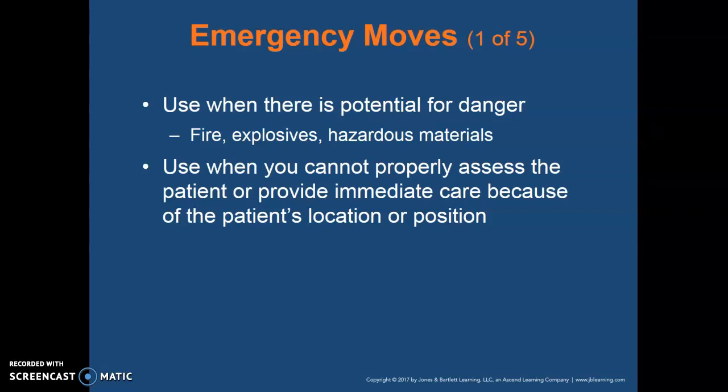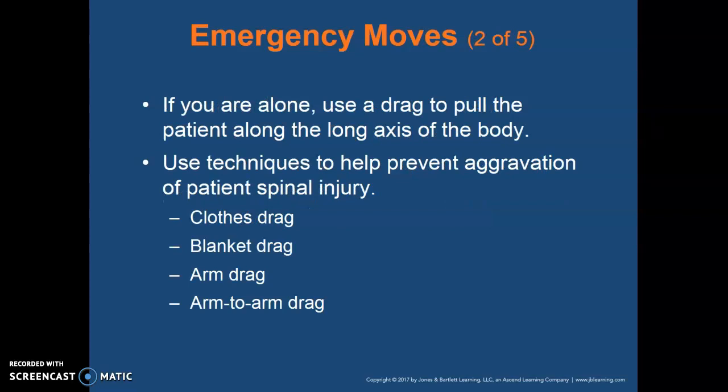So if you're alone, you're going to drag the patient along the long axis of the body. So dragging them in a way that you're going to keep their spine in alignment, especially if they have a spinal injury. But when it comes down to it, it's life before limb. So it's kind of our general rule.